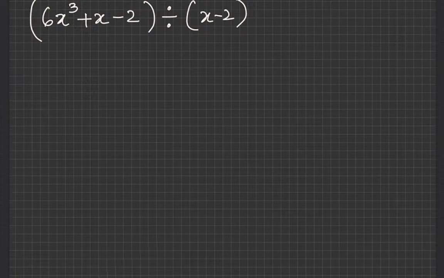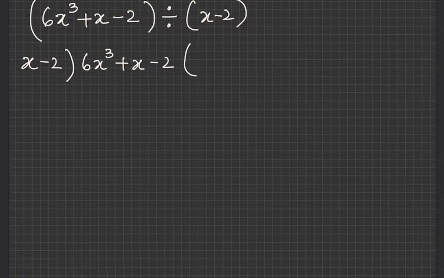Right? So let's put this in the long division format. x minus 2, and then I have 6x cubed plus x minus 2.